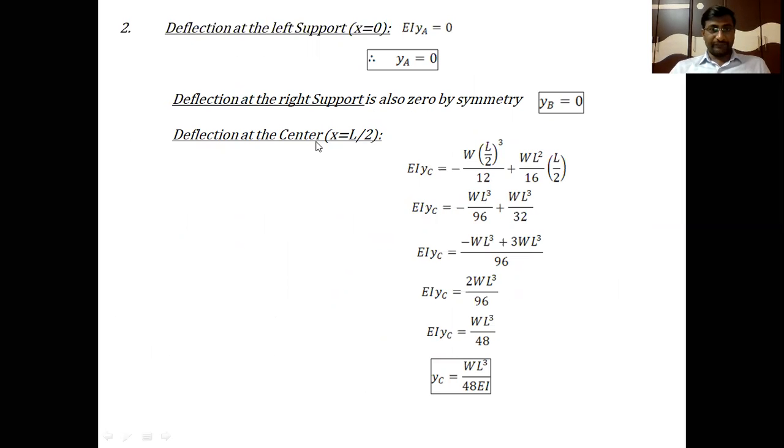Now the deflection at the center. If you want the deflection at the center, you have to substitute L by 2 in place of x in the deflection equation.